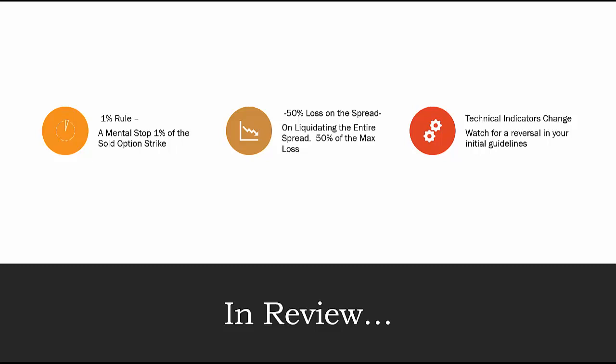The 1% rule and the technical indicators are more warnings, mental stops, considerations that I may want to start thinking about adjusting or perhaps closing the position. But if that spread hits the 50% loss of the maximum loss I could lose, if the stock went above or below both strike prices, that for us personally is a hard exit and we would get out of the position.